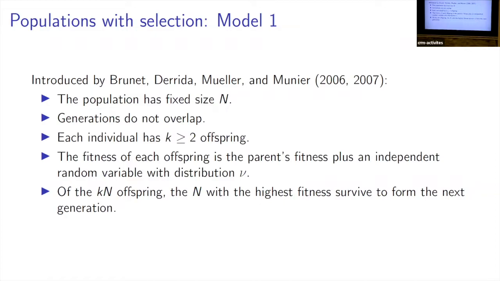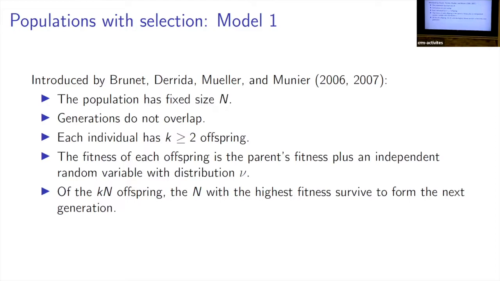So this first model was introduced by Brunet, Derrida, Mueller, and Munier. Here we assume that the size of the population is fixed at capital N. As in the Wright-Fisher model, we assume that generations do not overlap. We assume that each individual has k offspring, where k is some fixed integer that's greater than or equal to 2. And then each individual in the population will be assigned a real number, which we call the fitness of the individual.